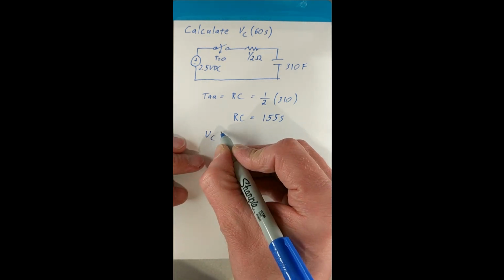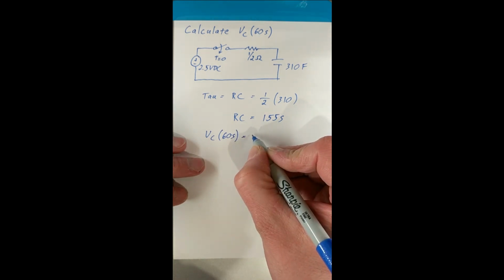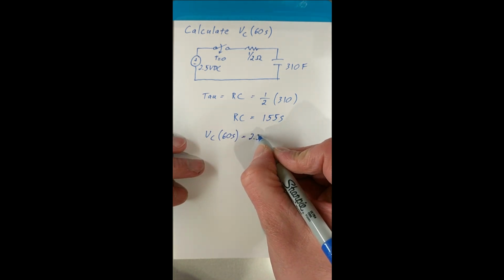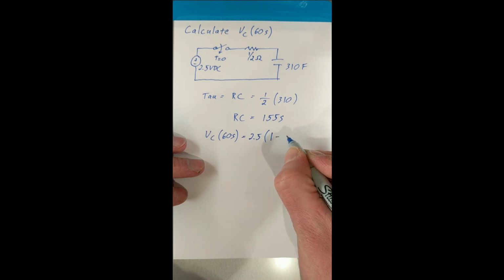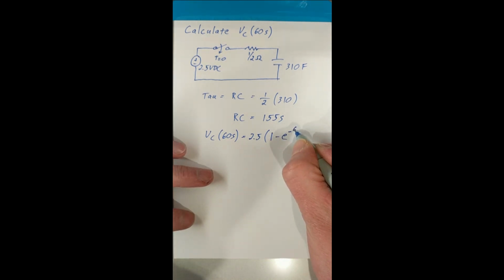So VC at 60 seconds is equal to the source voltage, in this case 2.5, multiplied by 1 minus e to the negative t, in this case t is 60 seconds, over tau, which is 155.